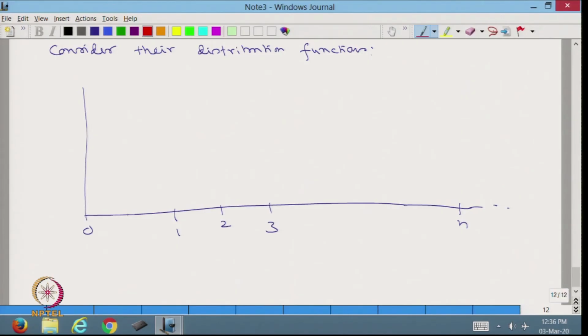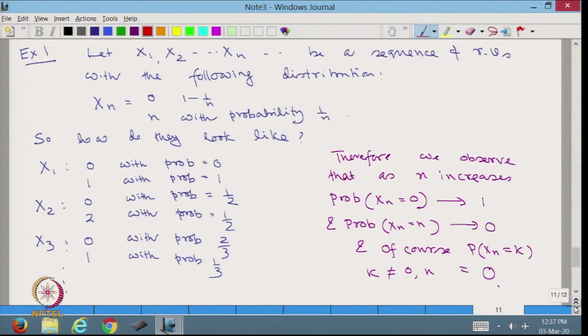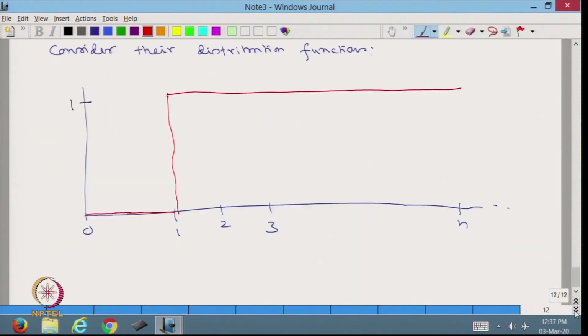So, if this is the value 1, then the distribution function of X1 is going to be something like this. What about X2? X2 takes the value 0 and 2 with half and half.